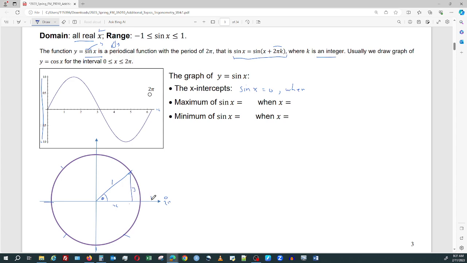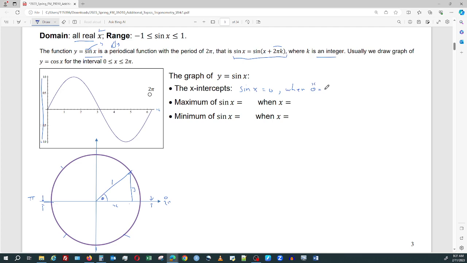Y is 0 here, and y is also 0 here. Okay? So y is 0 when x is pi times k.